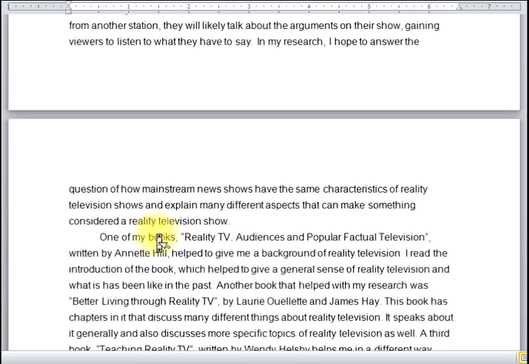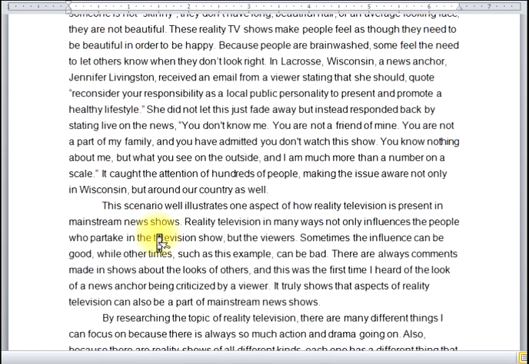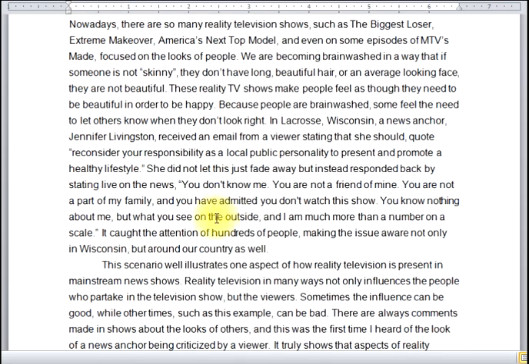Okay, and what I would suggest when you read this is that there needs to be a more tightly drawn connection between reality shows and what happened with this news anchor lady. Because see, there are a couple claims that are already being made on the topic. One is that reality TV shows are convincing people that they need to be beautiful in order to be happy.